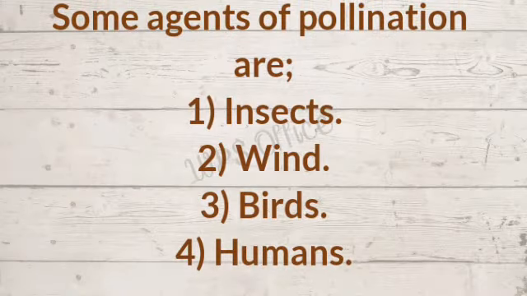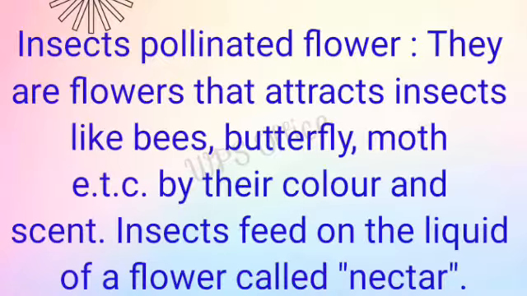Next, some agents of pollination are 1. Insects, 2. Wind, 3. Birds, 4. Humans. Insects, wind, birds, humans. Next, insect pollinated flower.